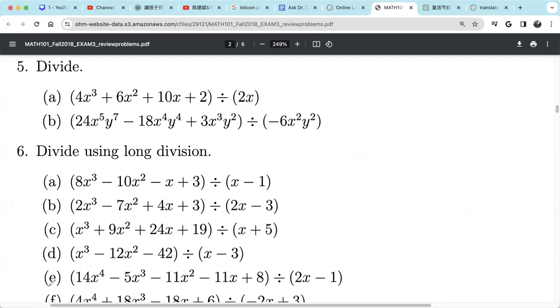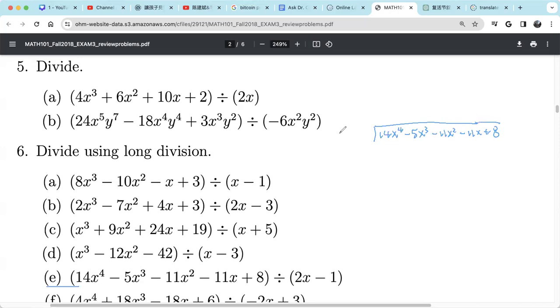Now let's see E. E is 14x raised to 4 minus 5x raised to 3 minus 11x squared minus 11x plus 8.